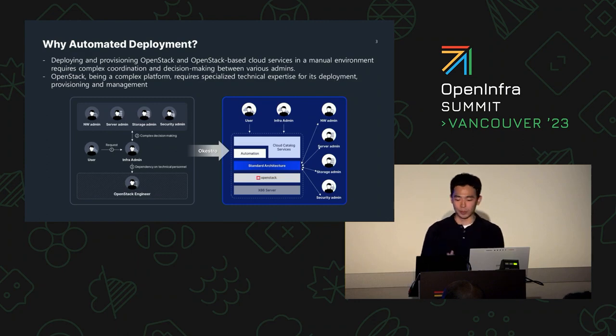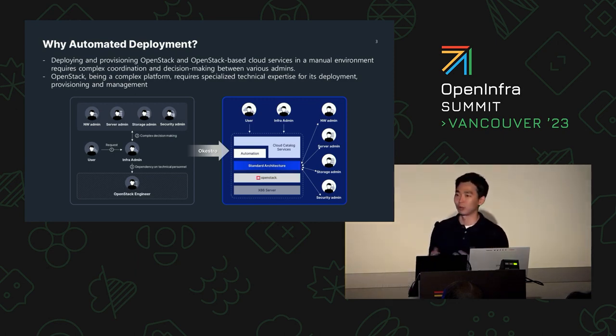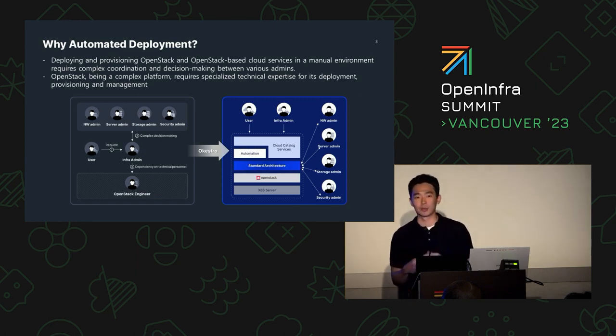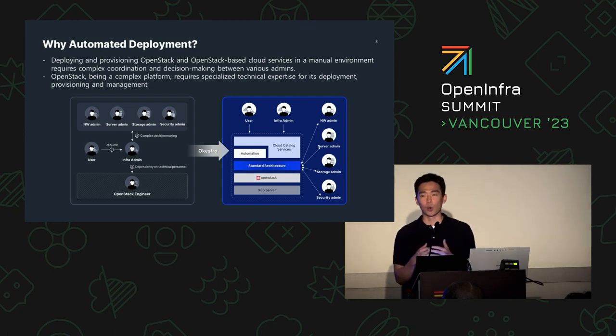First, let's talk about why automated deployment is necessary. In this diagram, you can see on the left side the manual processes that have to be taken before automation takes place. If there's a request for deployment, the infrastructure admin has to communicate with various administrators from different areas, from servers, network, and storage to security, and coordinate with them.